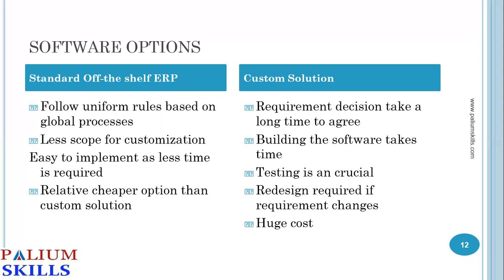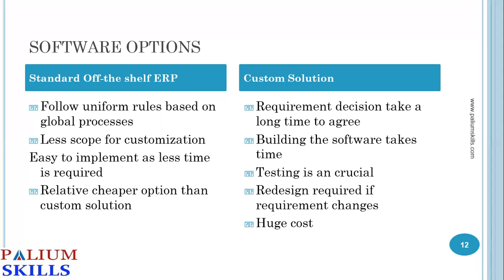This slide is talking about when a customer decides for the first time that they will go for an ERP solution, they really have two options. One is to build the solution from scratch. Another is to go for a ready-to-use kind of ERP solution.